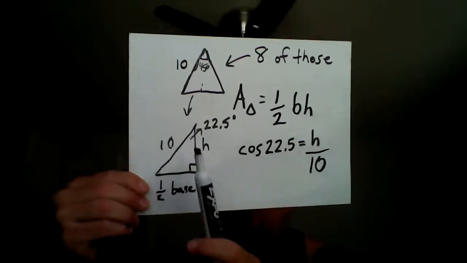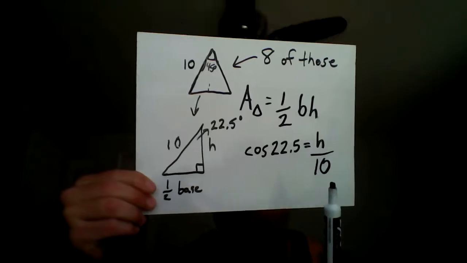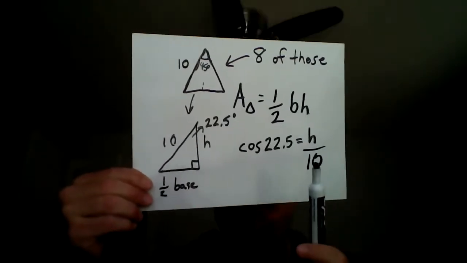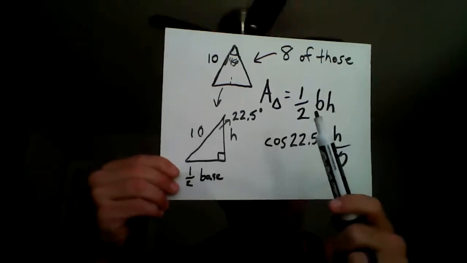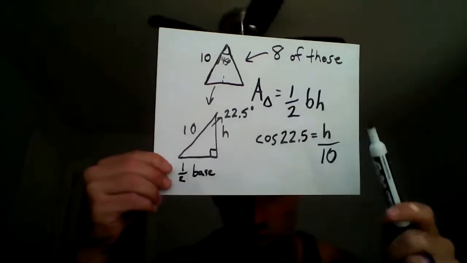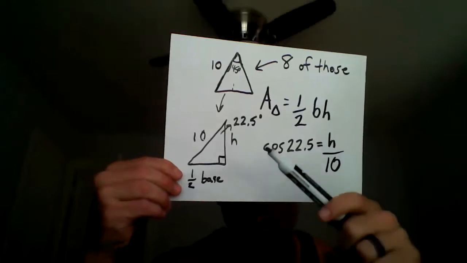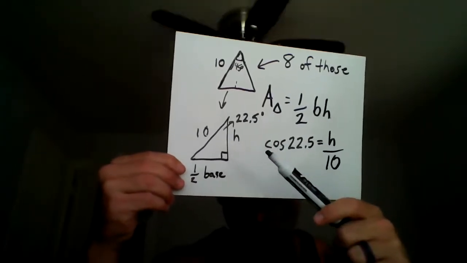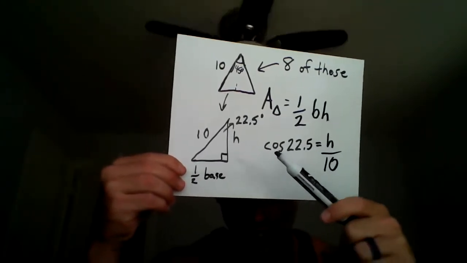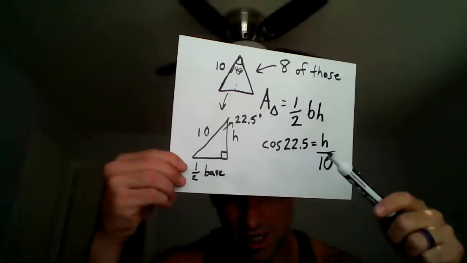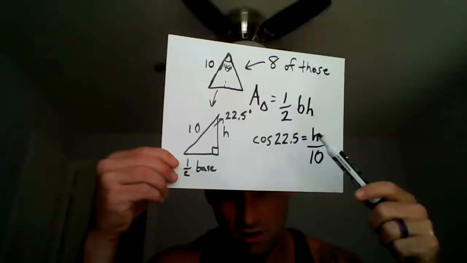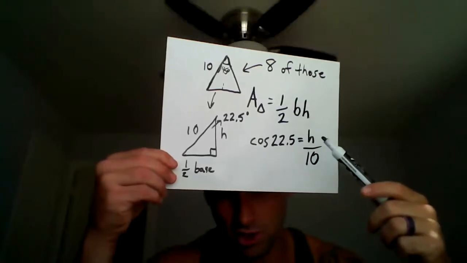That would be the h, adjacent over the hypotenuse. We know the hypotenuse is 10, so the 10 goes on bottom. This is the trigonometric equation that we just set up. Trig, because it has a cosine in it. Anything with sine, cosine, or tangent makes it automatically trig. Equation, because it has an equal sign. And now we're looking for h.